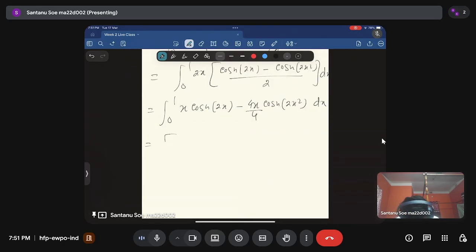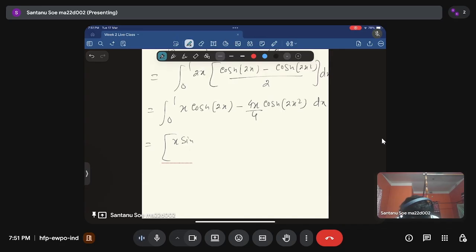So we can perform the integration of uv. So this will be u integration v minus integration of v' times integration v.